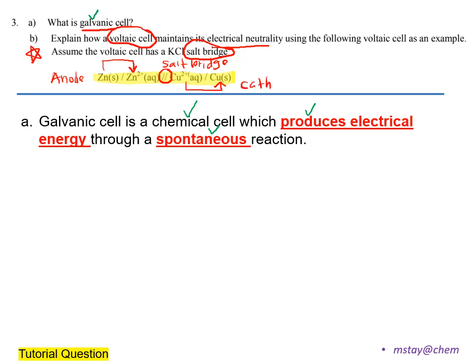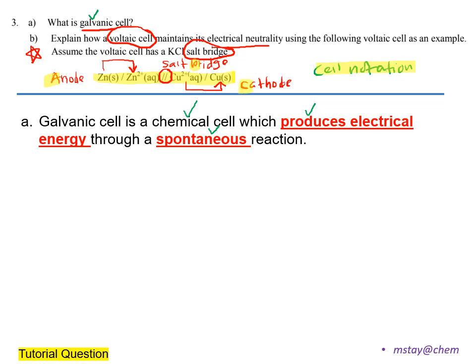So the right hand side of the salt bridge is the cathode. As I always tell the students, for cell notation, let me write down the words cell notation. It is as simple as ABC, because we have the anode at the left hand side, the salt bridge, B, in the middle, and then at the right hand side we have C.